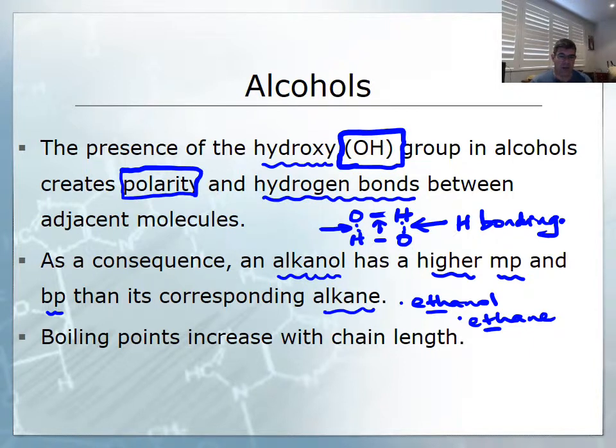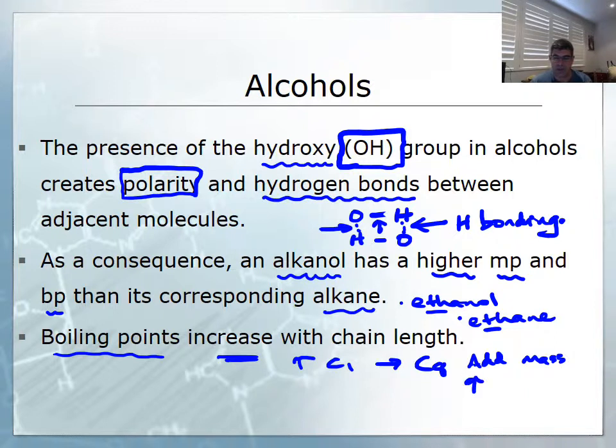Now, another thing we know is that the boiling points and the melting points, generally speaking as well, will increase with chain length. This increase in chain length, so going from, say, 1 carbon to 8 carbons, is adding mass, but it is also increasing the number of dispersion forces between molecules.